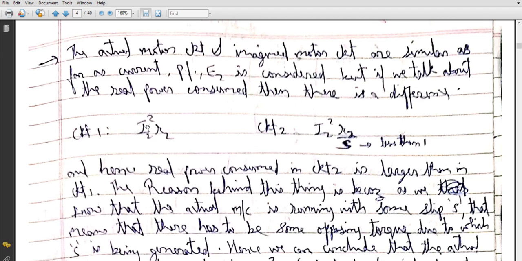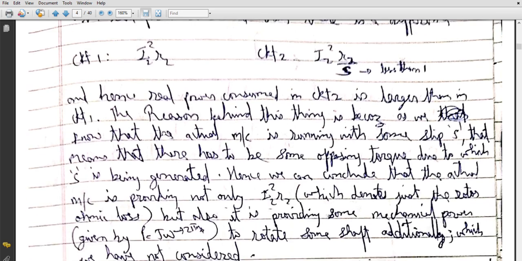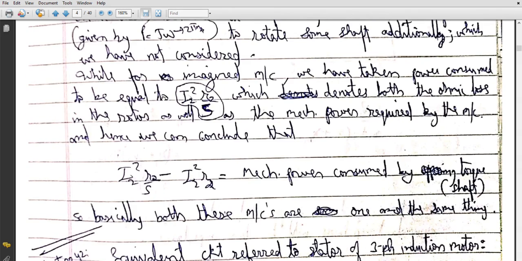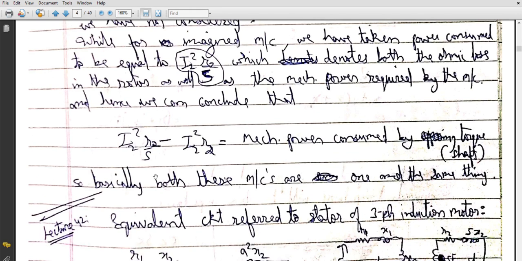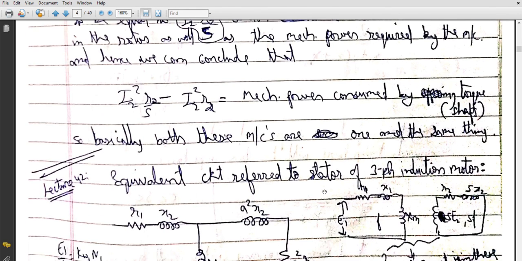So mechanical plus rotor resistance power minus rotor resistance power will give you mechanical power. This power minus this power is the mechanical power consumed by the opposing torque. This is the opposing torque provided by the shaft, or if some external load is provided on the shaft, then shaft plus that load. So basically both these machines are one and the same thing.